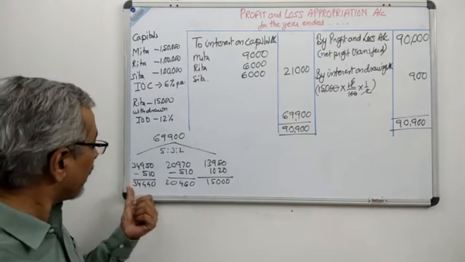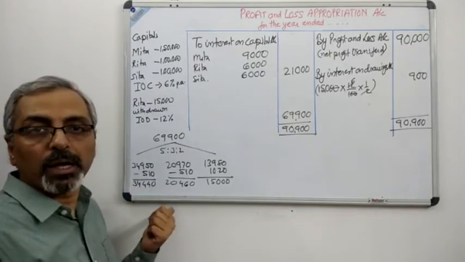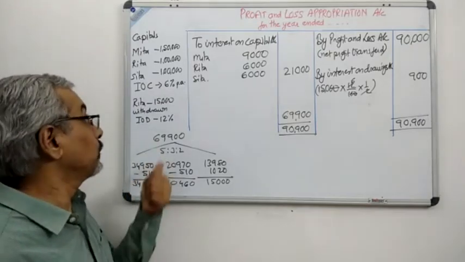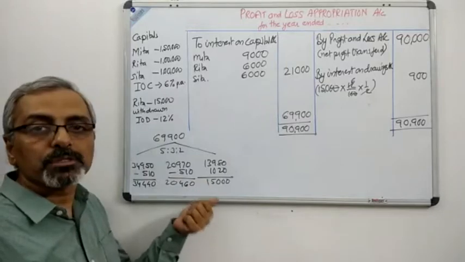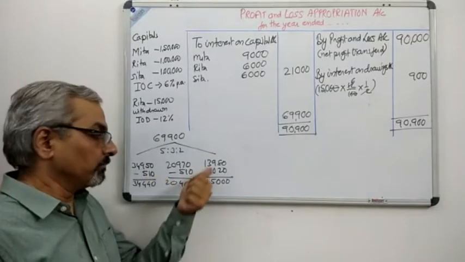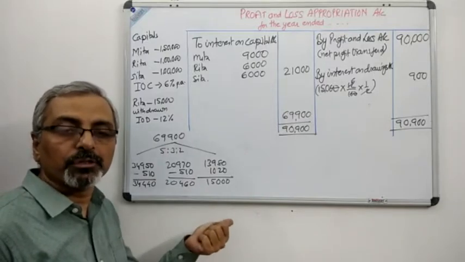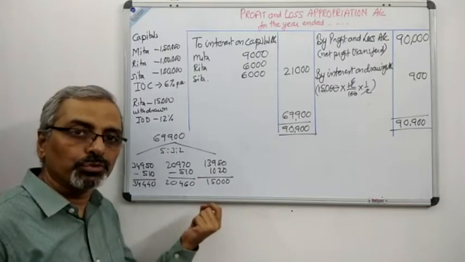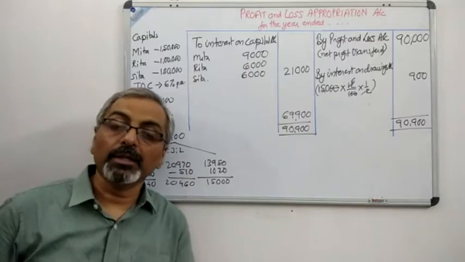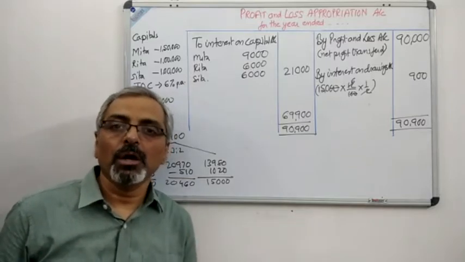So this is the final profit which is being given to the partners, that is to Mita and to Rita, and as promised by the firm that the last partner Sita would get 15,000. She is getting 15,000. There was deficiency of 1,020, which was met by the two partners in equal ratio 1:1.